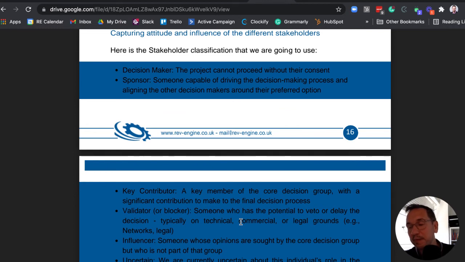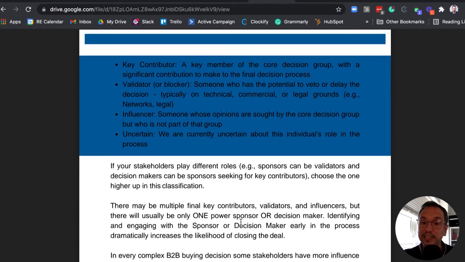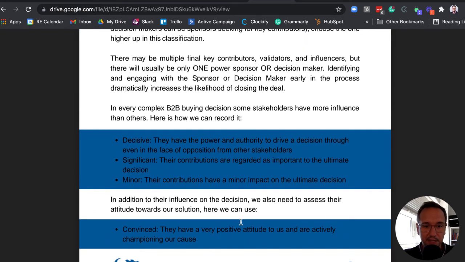In one particular example, my client lost the deal because the company was already building a solution internally that did that. And the stakeholder, the validator, the influencer they were talking to, didn't even have a clue that project was in place. So risky business, guys, if you don't know this.